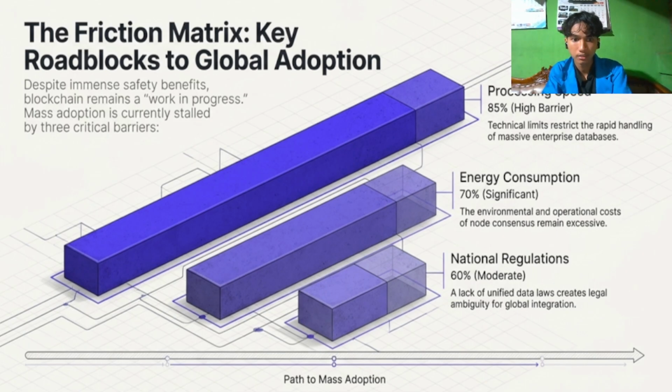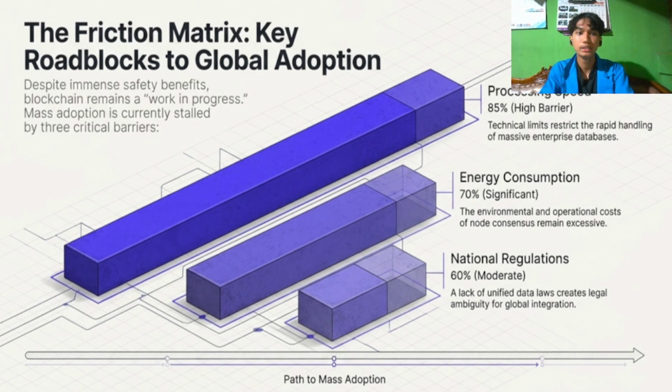Second, energy consumption, 70% significant. The environmental and operational cost of node consensus remains excessive. And third, national regulations, 60% moderate. A lack of unified data laws creates legal ambiguity for global integrations. The blue bar charts clearly illustrate that processing speed is the biggest hurdle we need to solve.